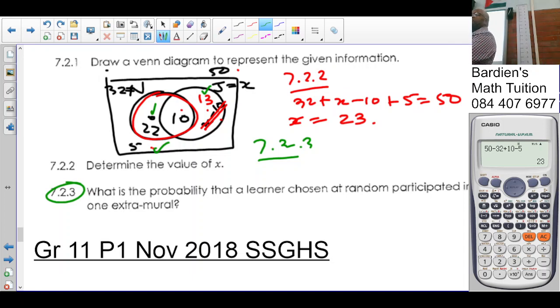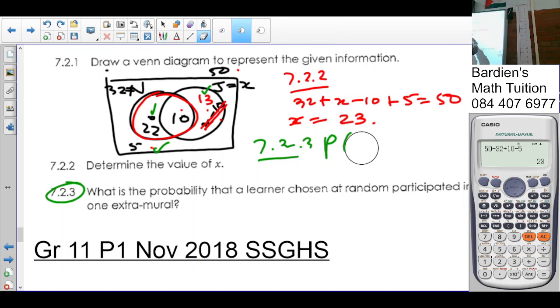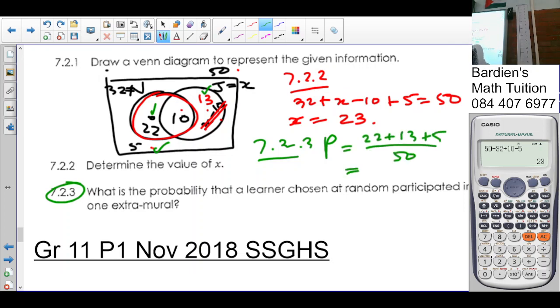That's why I'm including the 5. What did I put in the memo? So I would say the probability should have been 22 plus 13 plus 5, and that's over 50.